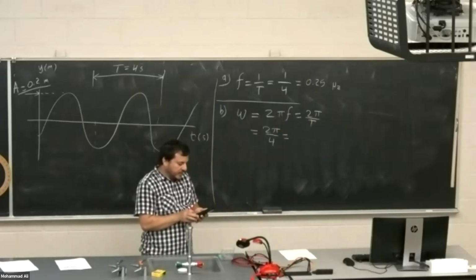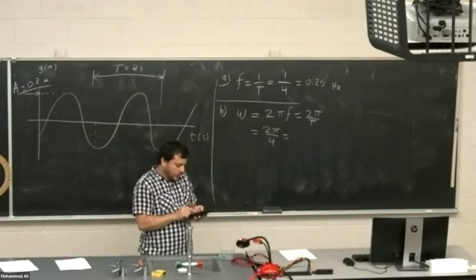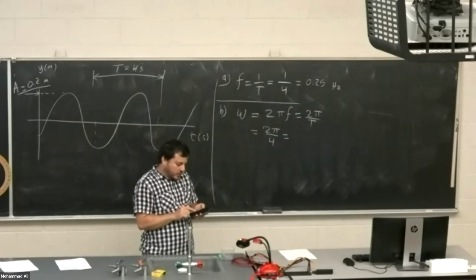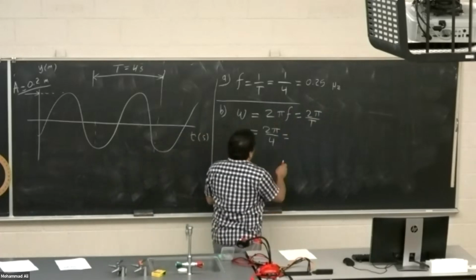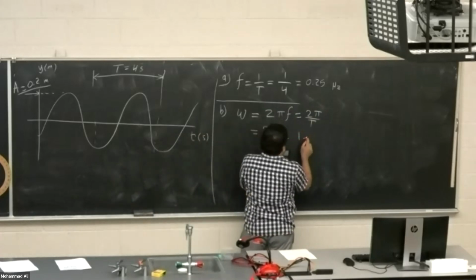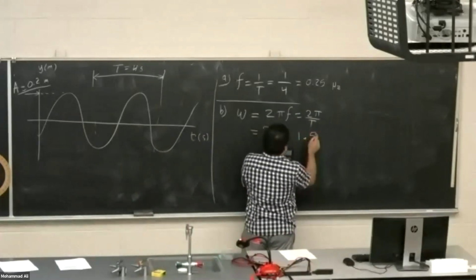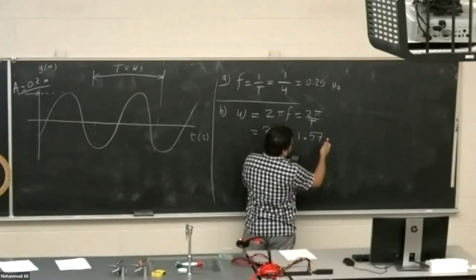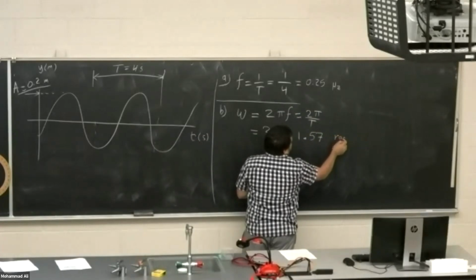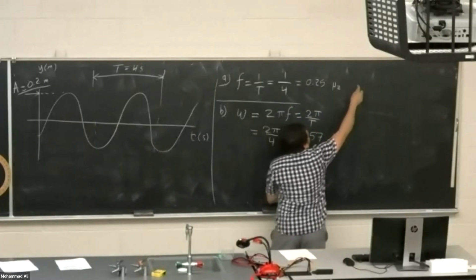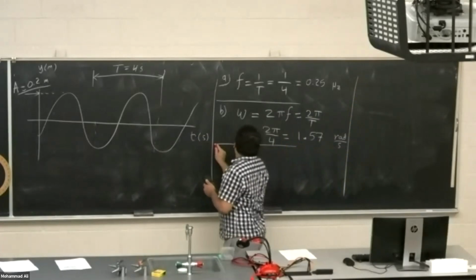I will find it as a number: 1.57. That's enough. What is that unit? It is radian per second. Okay, what else?